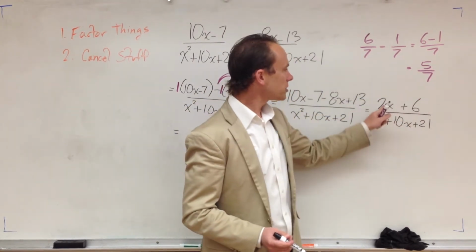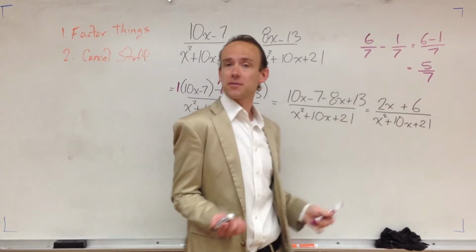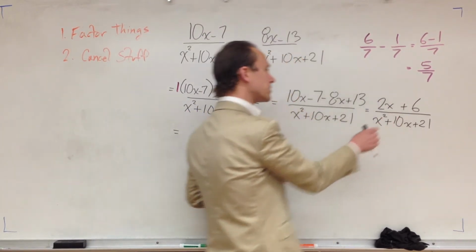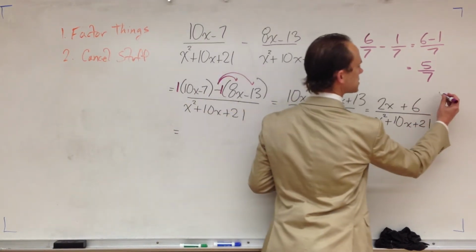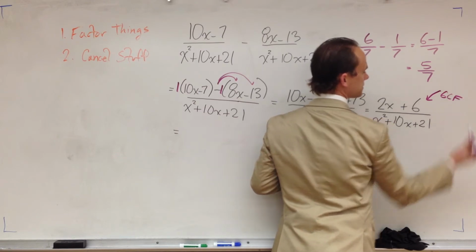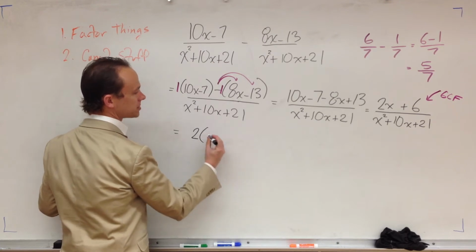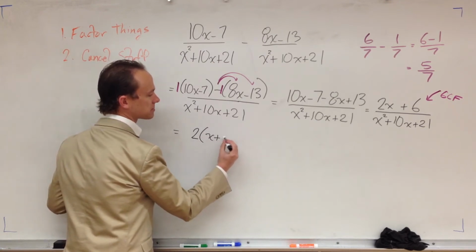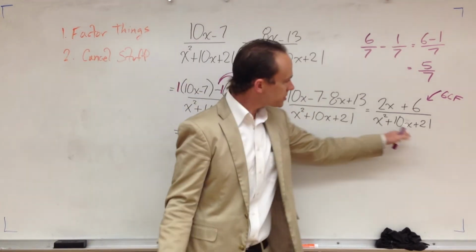This is a binomial. You have 2 terms. When you have 2 terms, it's not a difference of squares because it's not a difference, so we find a greatest common factor. In this case, it is the number 2. So you take out the 2, and you got x plus 3. On to the denominator. 3 terms.